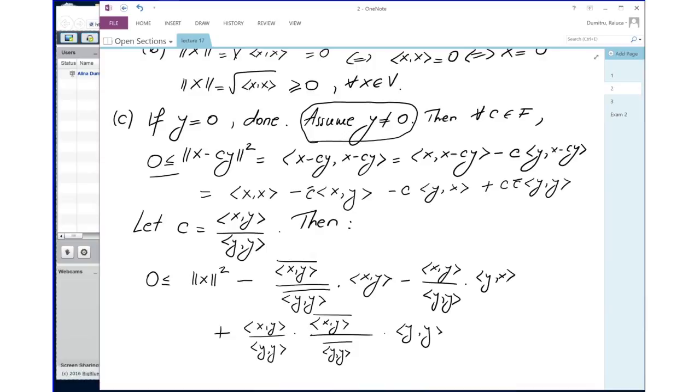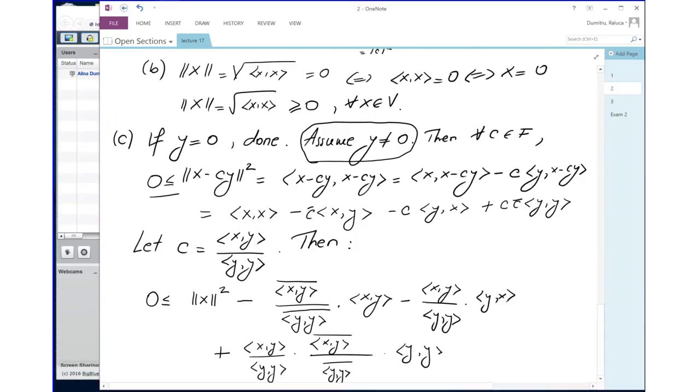By the way, I'm writing here the inner product between y and y with a complex conjugate. Can I just drop the conjugate? Everything could be over C here, right? But you take a vector and you take the inner product with itself.